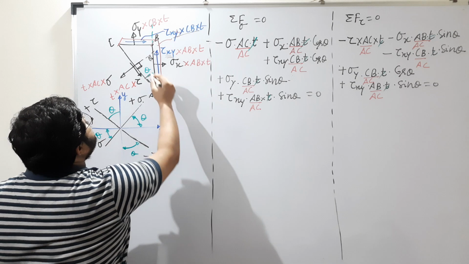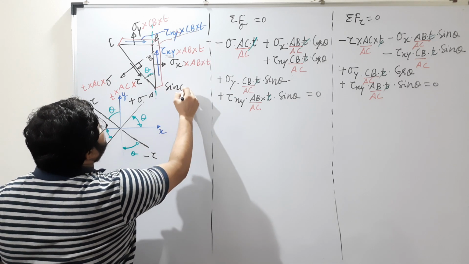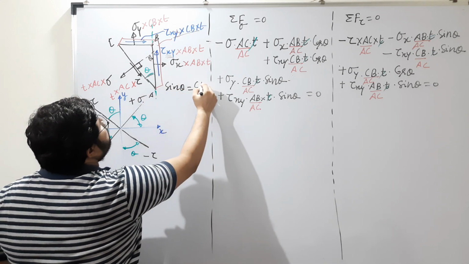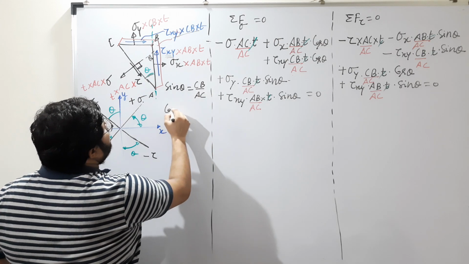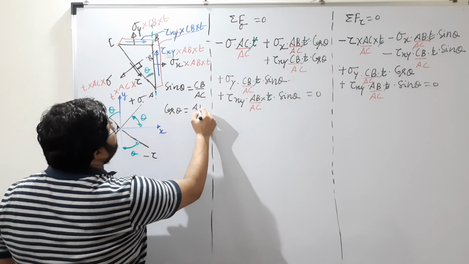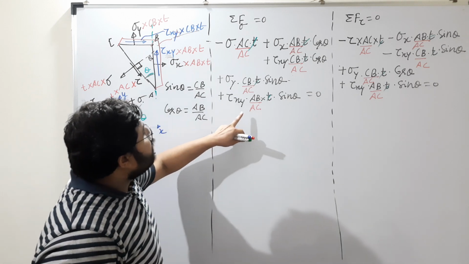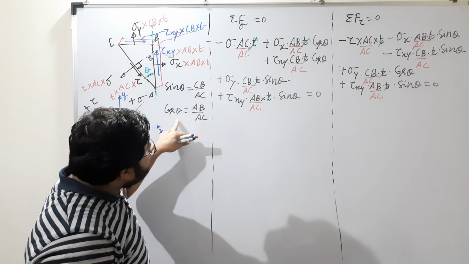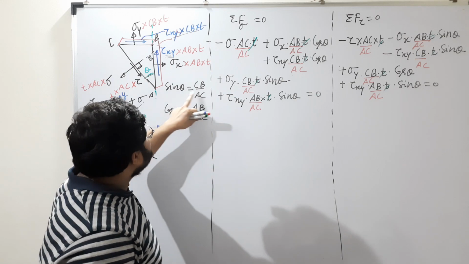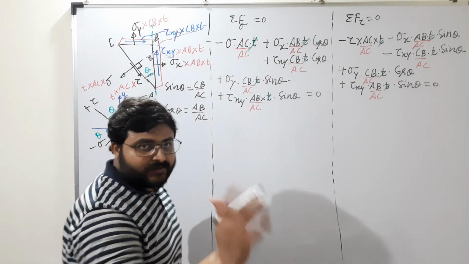We know that we have already written sine theta is equal to CB upon AC and cos theta is equal to AB upon AC. So wherever the terms are AB upon AC, we will replace by cos theta, and CB upon AC we will replace by sine theta.